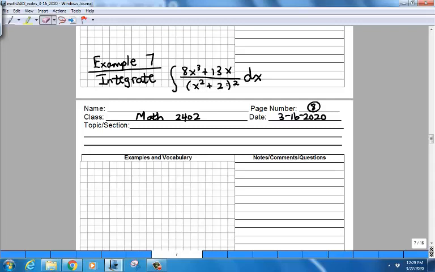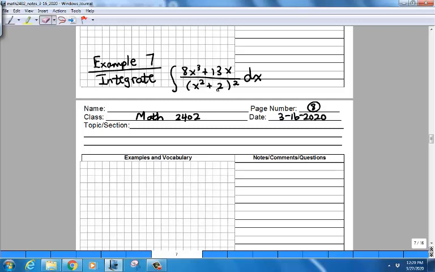So we've already got this denominator in factored form, but we cannot factor x squared plus 2. So this denominator is completely factored. We're not going to be able to factor any further the x squared plus 2. But this is factored enough so that we'll be able to use partial fractions in order to integrate this.